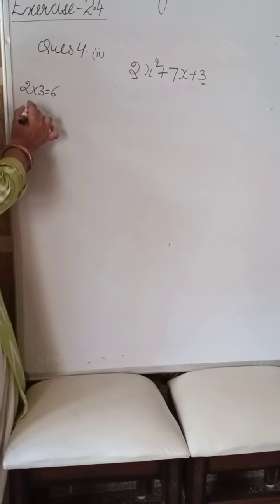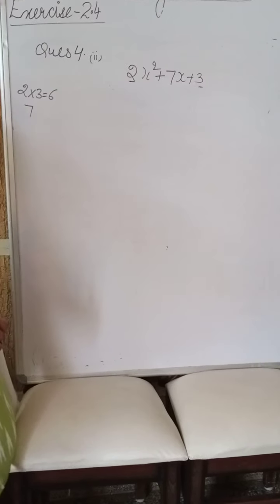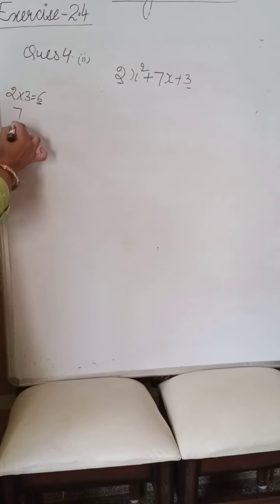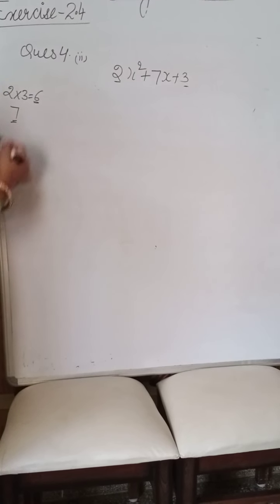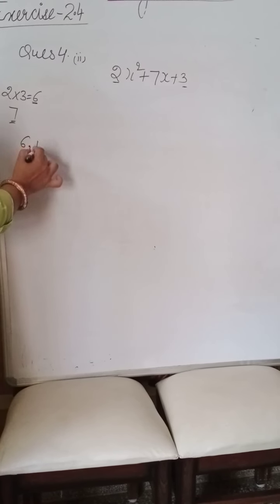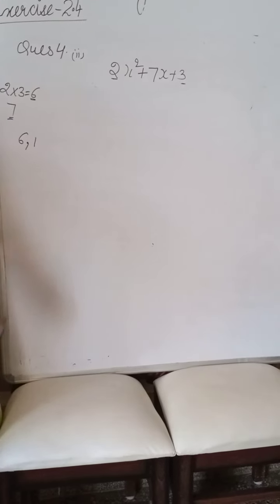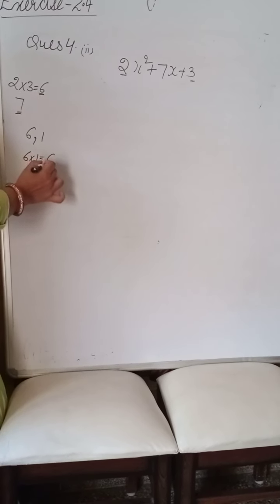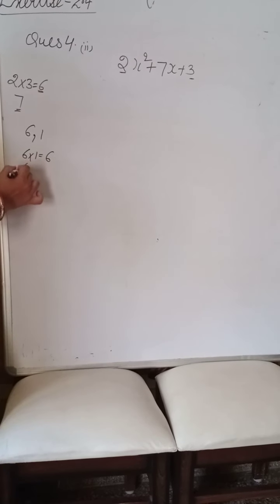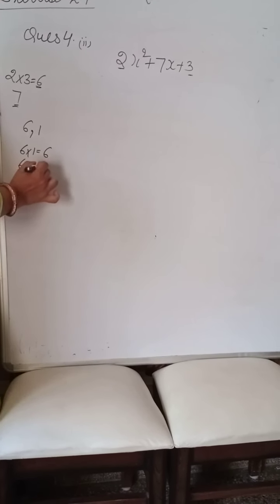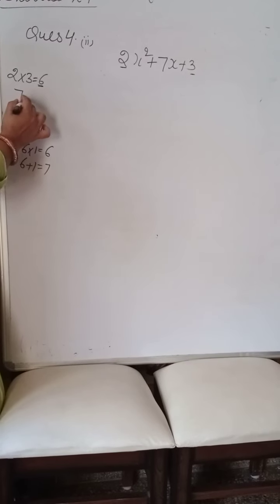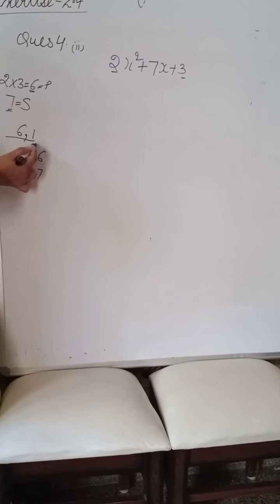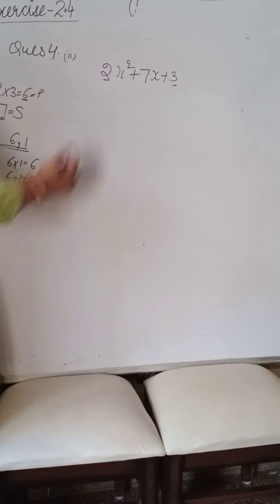And what is the middle term? 7. Means I need two numbers whose product is 6 and sum is 7. So I am taking 6 and 1. When you multiply both these, 6 into 1, what do you get? 6. And when you add these, 6 plus 1, you get 7. So our conditions are fulfilled here.